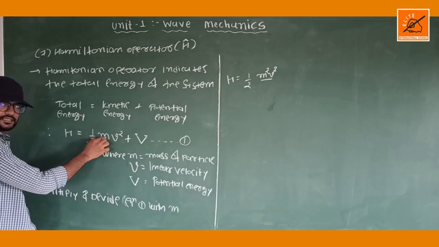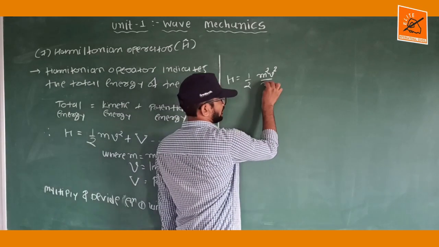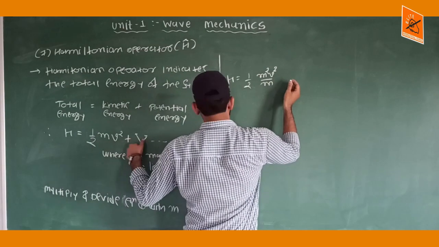So m into m is m square upon small m, plus capital V.